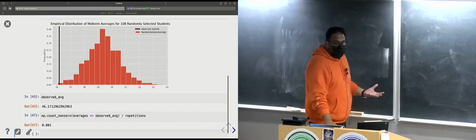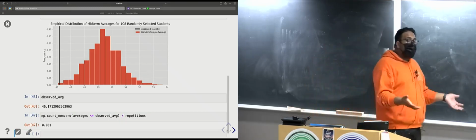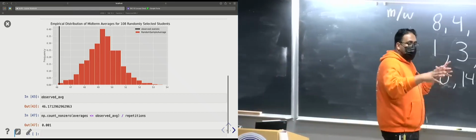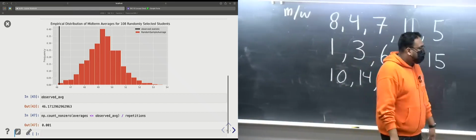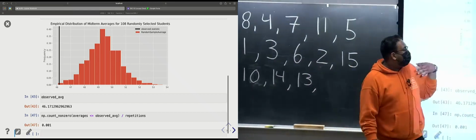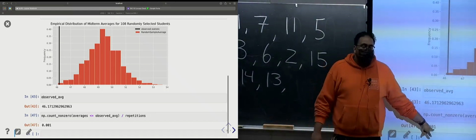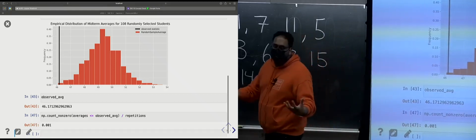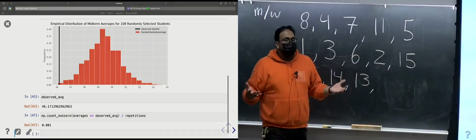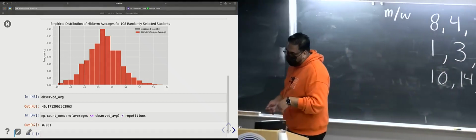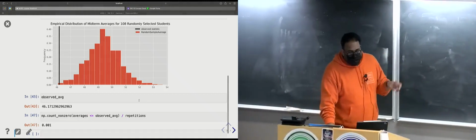Okay, so what this is telling us is that the probability that a randomly selected section of size 108 from everyone in the course has an average lower or equal to our section's average, that probability is 0.001, or 0.1%. Do we agree? Okay, so this is the p-value of this hypothesis test.